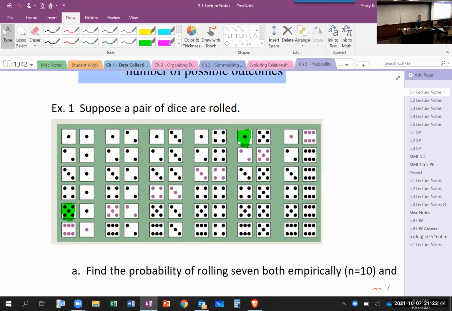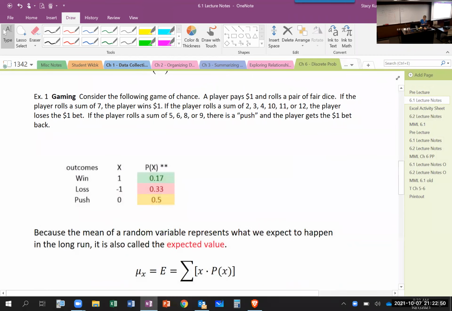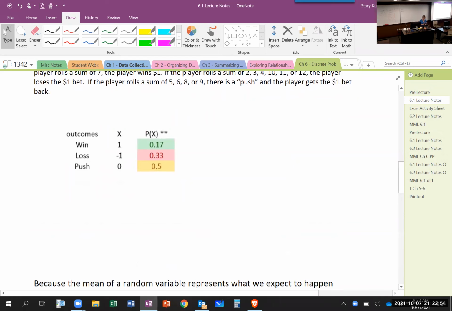All right. So I'm just going to tell you that these are the probabilities for each of those outcomes we were just mentioning.